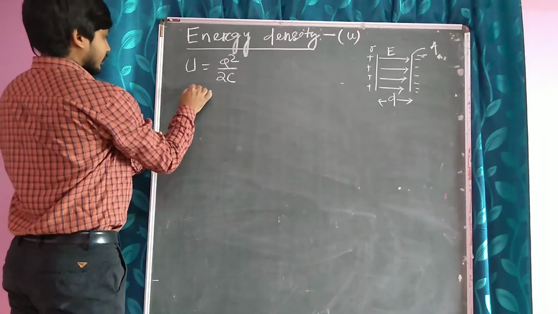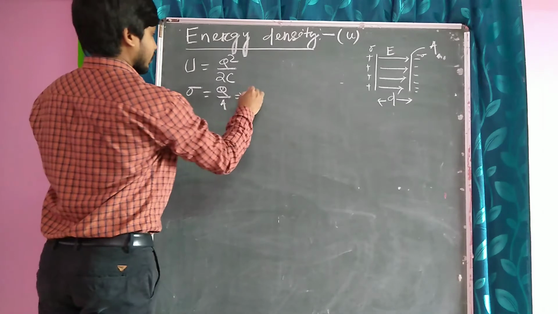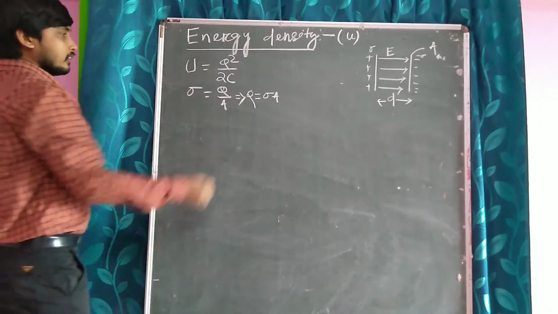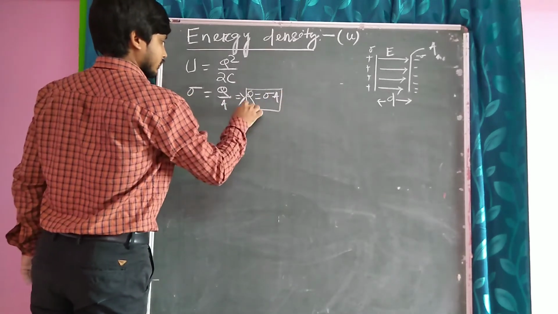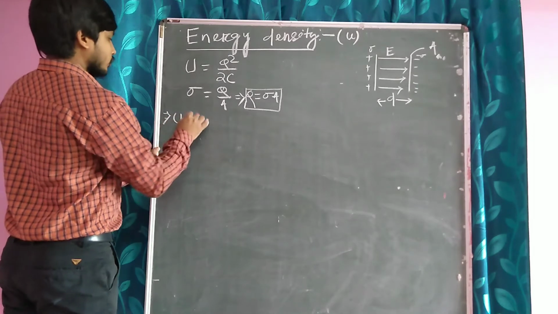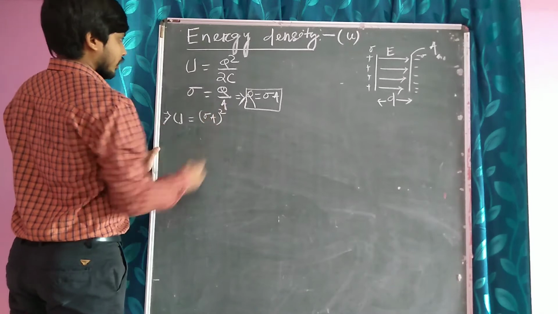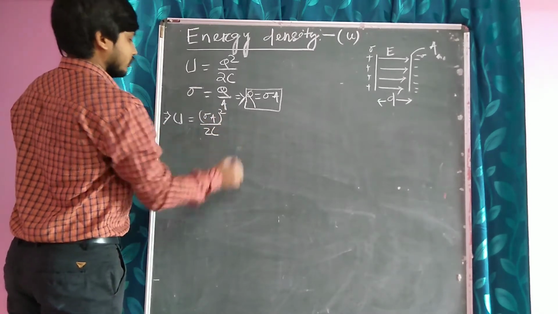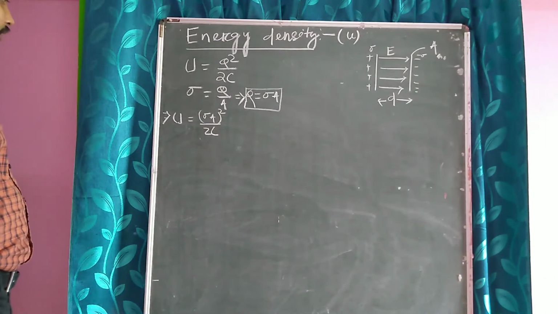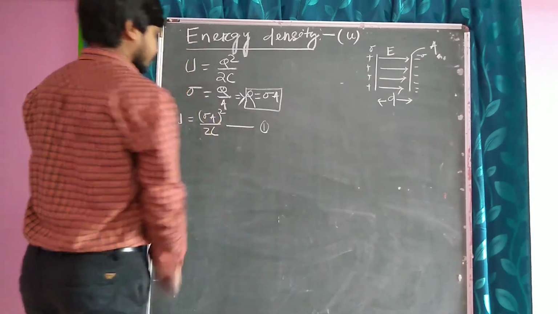So I can say that sigma is equal to Q by A, or our charge Q will be equal to sigma A. So putting the value of this Q in this place, you will get U equal to sigma A whole square divided by 2C. Is it clear? Give it as equation number 1.